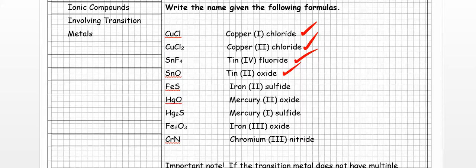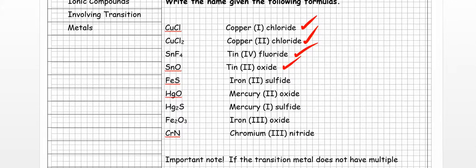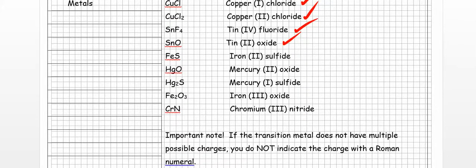Okay? Now, by the way, let me stop here and make a notation. There are some transition elements on the periodic table that do not have multiple oxidation number possibilities. So you have to look at a periodic table that shows which ones have them and which ones don't. There are a few that don't have them.